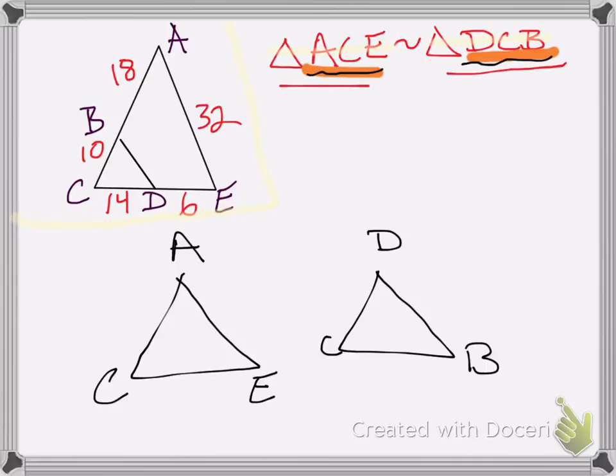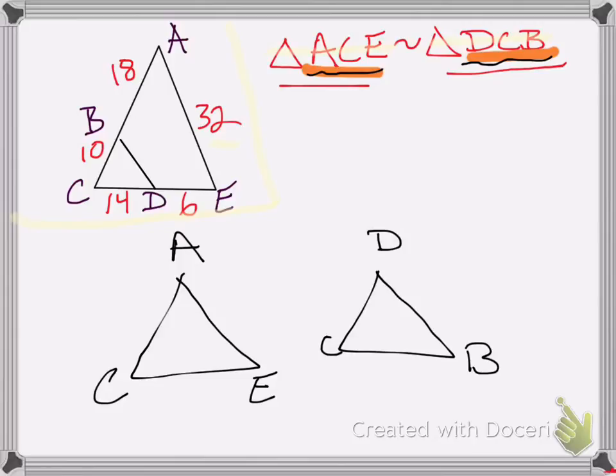Now that we have the new pictures drawn, we should be able to label new information, take all of our numbers that they gave us here, and put them into our picture to help us make some sense. So let's do that now. Let's look at the smaller triangle first, just because it's a little bit easier. This side right here, CD.